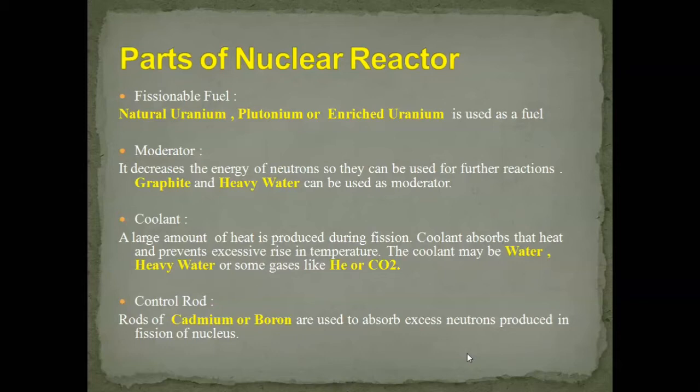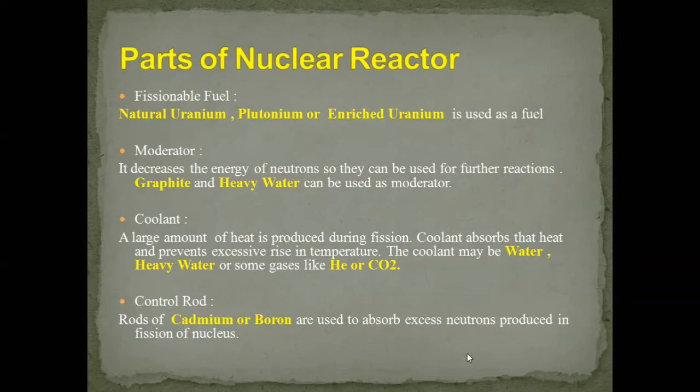It is used to decrease the speed or kinetic energy of neutrons so that they can be used in further reactions. The best materials for the moderator are graphite and heavy water, which is also called deuterium oxide.